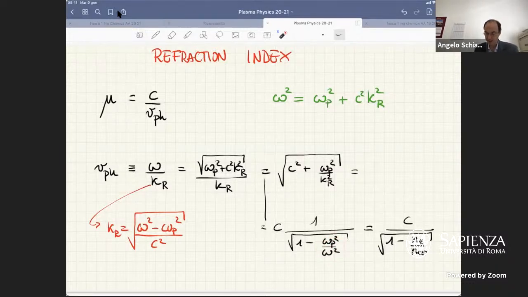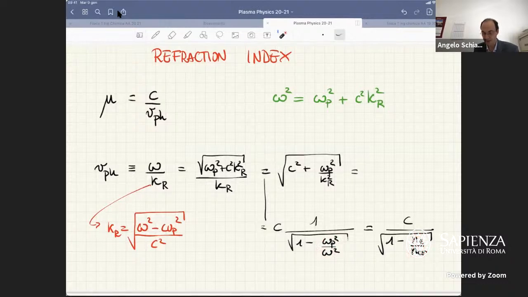And as you can see, this term has to be always less than 1 for propagation. So the frequency of the wave has to be larger than the plasma frequency, or the density of the electrons has to be smaller than the critical density.